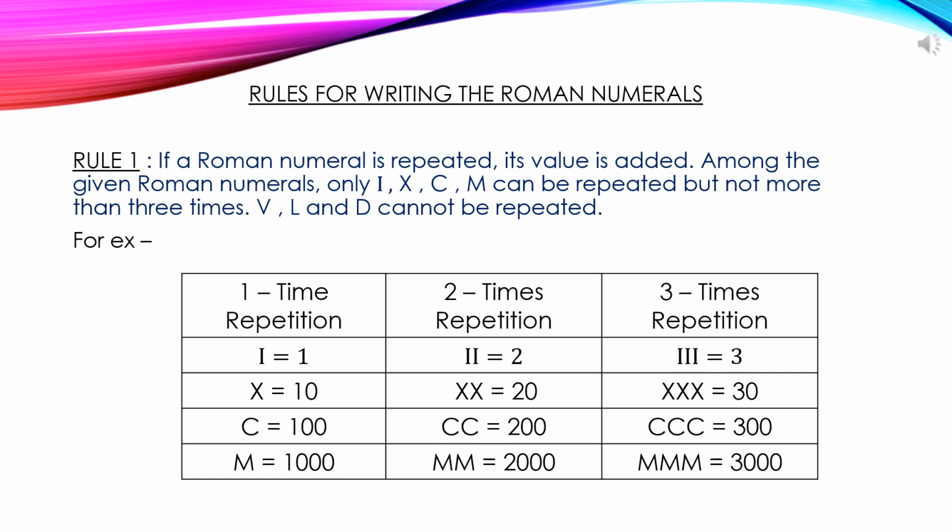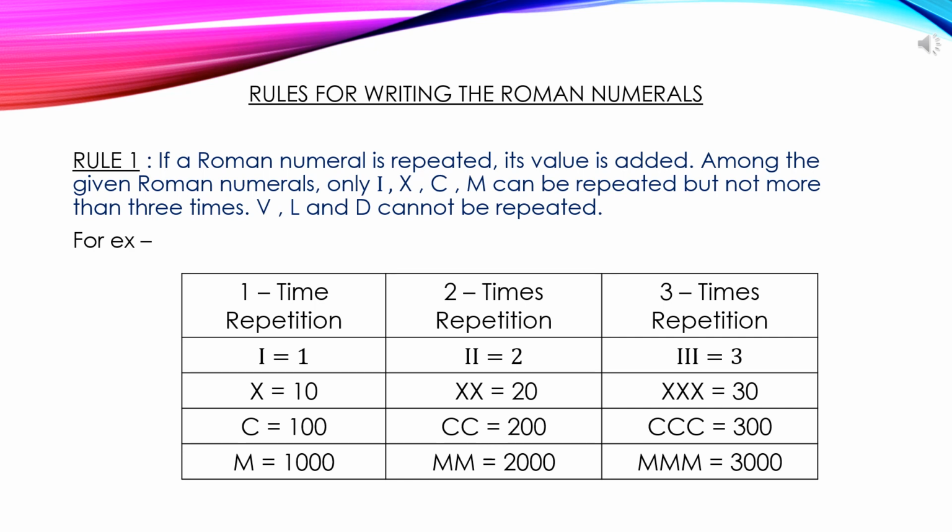But if this symbol is repeated 2 times, then it becomes II, that is 1 plus 1 equals 2. XX, that is 10 plus 10 equals 20. CC, that is 100 plus 100 equals 200. MM, that is 1000 plus 1000 equals 2000.